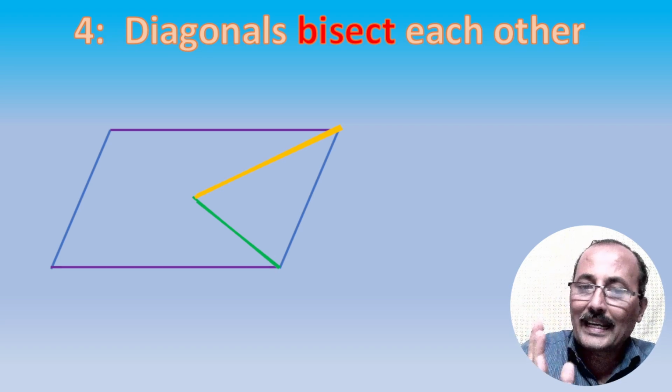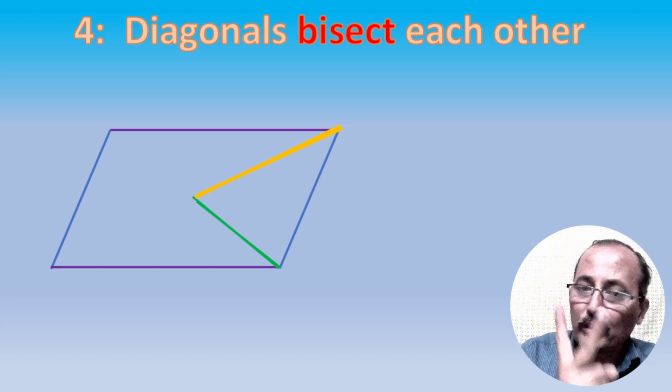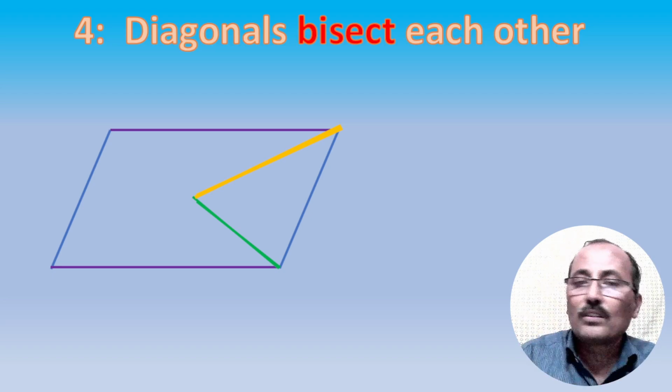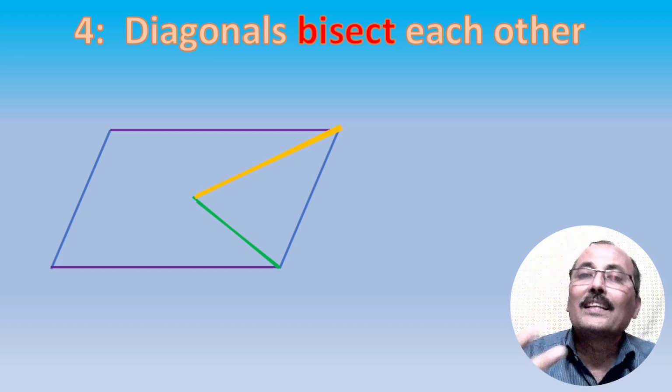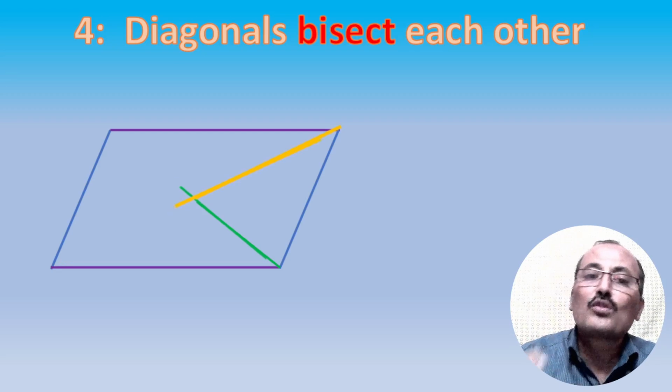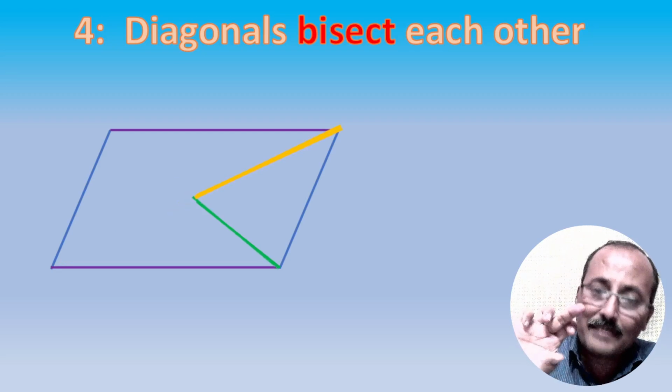The first diagonal divides the second one into two equal parts. The second diagonal divides the first one into two equal parts. Hence our fourth property is proved by showing that the diagonal comes down and exactly matches this one.